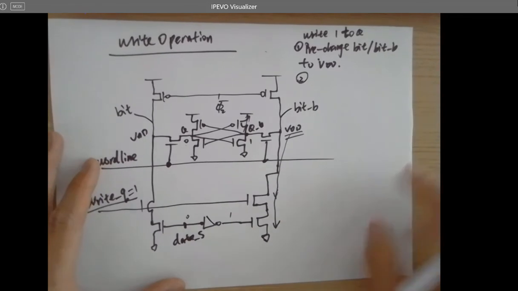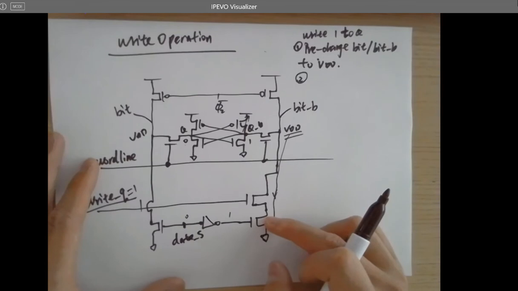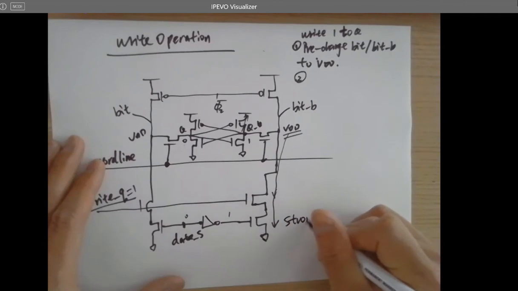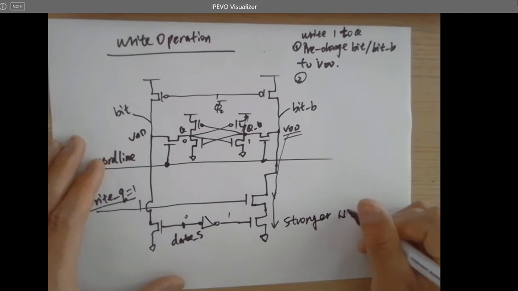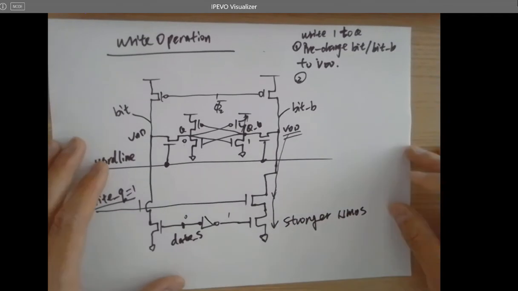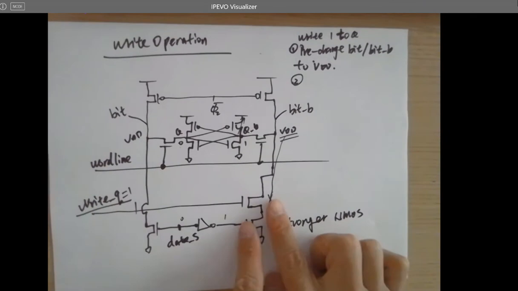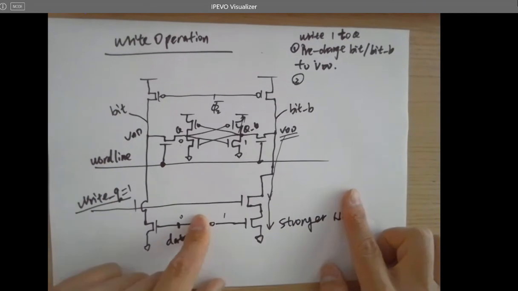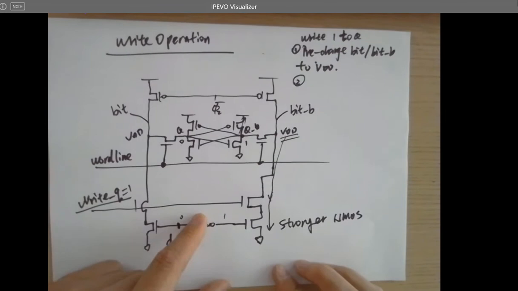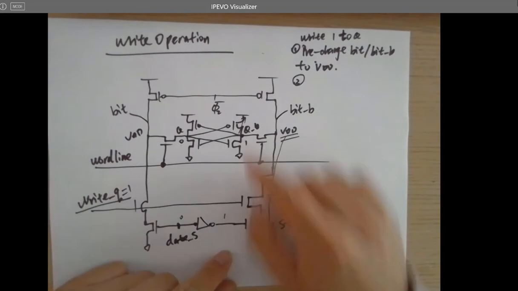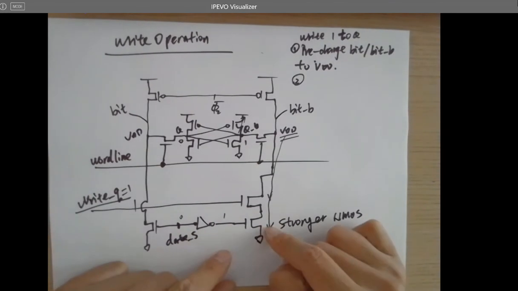So we just want to make the NMOS stronger. How to make it stronger? Let's make it wider. Just make it super wide, like this. So everything will be pulled down to the ground. So PMOS cannot compete with NMOSes.